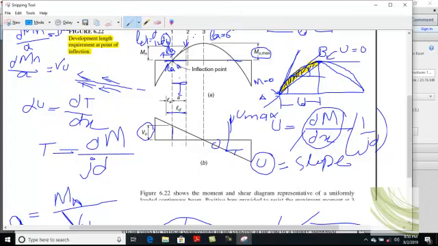When you add up these two, your La plus your A, this distance must be greater than or equal to your development length.